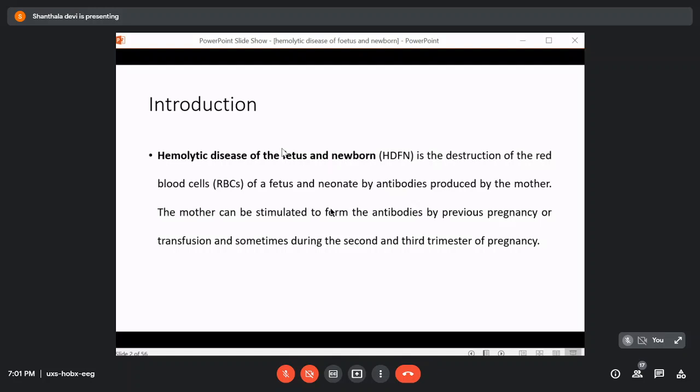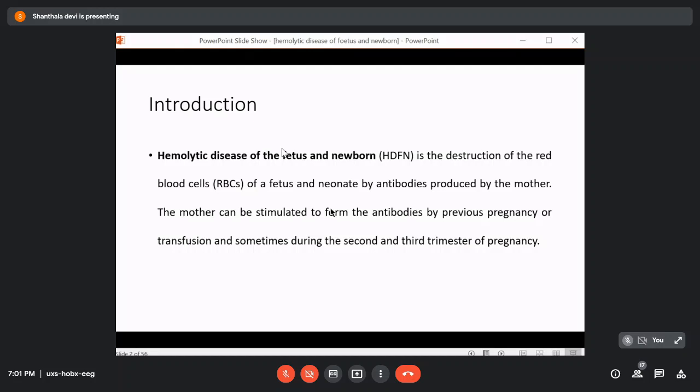It is otherwise also known as erythroblastosis fetalis, and most commonly it used to be due to Rh incompatibility. Since it affects not only the newborn but also the fetus in utero, the disease has been called hemolytic disease of fetus and newborn.